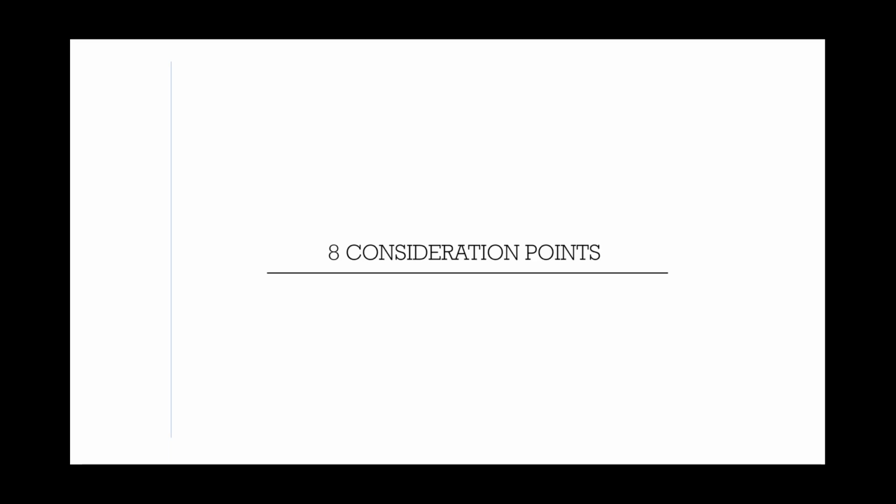So let's talk now about the 8 consideration points when you're doing a home office. One of the nice things about a home office, as with kitchens and bathrooms, is that you don't need to have a huge kitchen to have an effective kitchen, or a huge bathroom to have a perfect bathroom. The same thing with the home office.